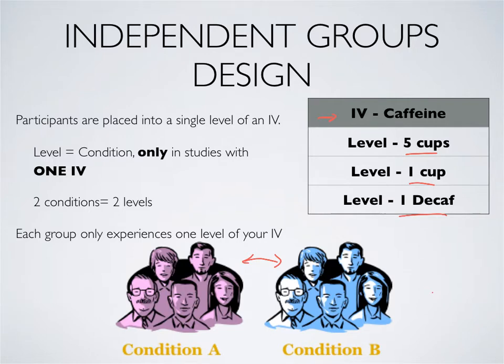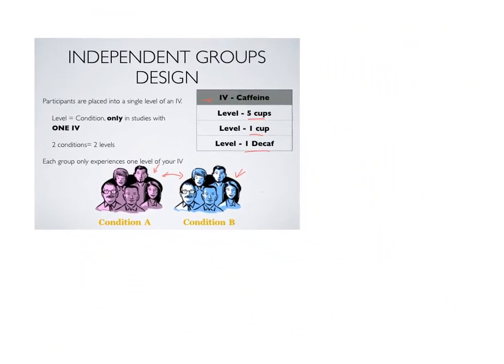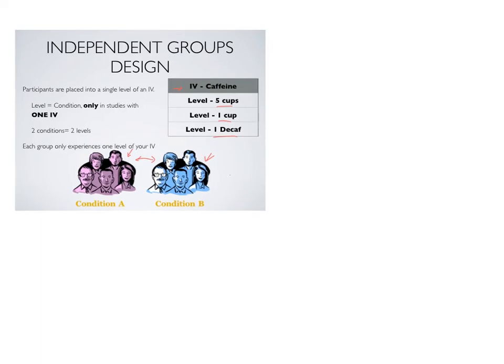So you'll see throughout your textbook they use condition A, condition B, right? Condition A, condition B to refer to the different groups. Sometimes they use level. Keep in mind that these terms are interchangeable in a simple experiment, meaning there's only one IV, right?